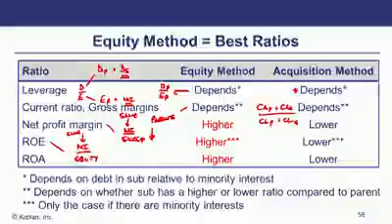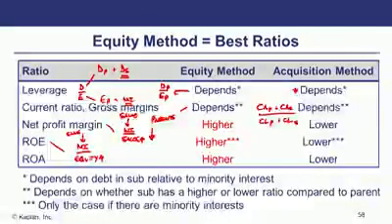And remember, the reason is that the minority interest is considered a component of stockholders' equity. So if you have, under the acquisition method, subsidiaries that you don't wholly own, that's going to mean your equity will be slightly higher, and of course that means your ROE will be lower. So lower, but only if there are minorities around.